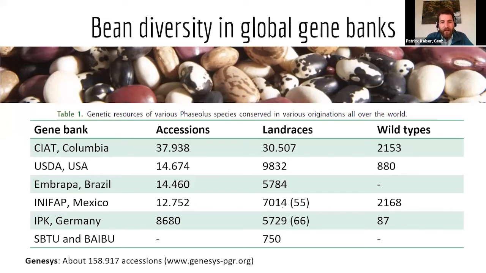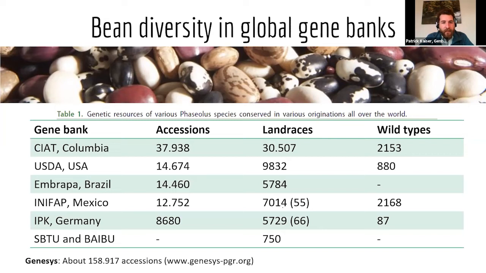A lot of them are land races. That also shows that beans lately never came so much into focus for breeding. All the numbers mainly are land races. For example, the IPK Gatersleben in Germany also stores 8,600 accessions of beans. And more than 5,000 of them are land races.